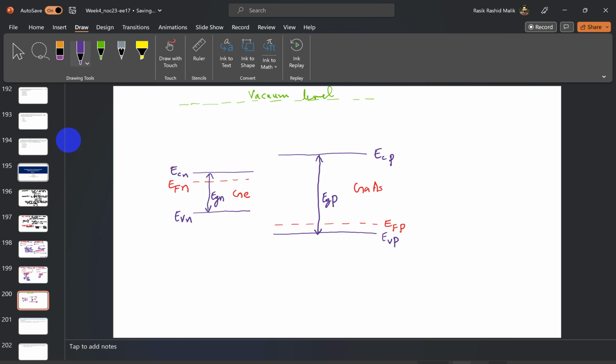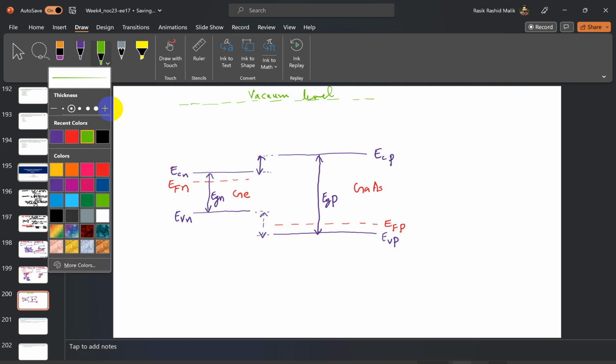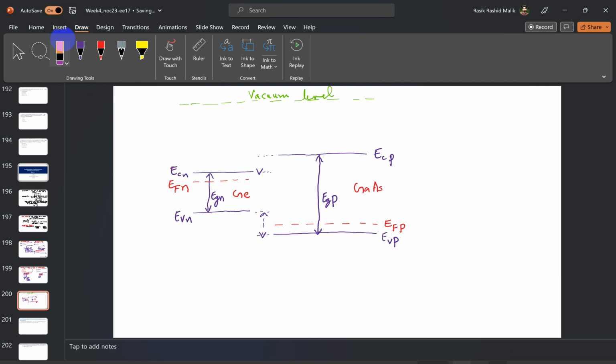Okay, and this difference over here is the discontinuity in the conduction band energy, and this is the discontinuity in the valence band energy. I will use a different color because this is important. The problems that we are going to solve have this in common in the case of heterojunctions. We will be asked to calculate different terms, which will ultimately depend on the discontinuity at the heterojunction.